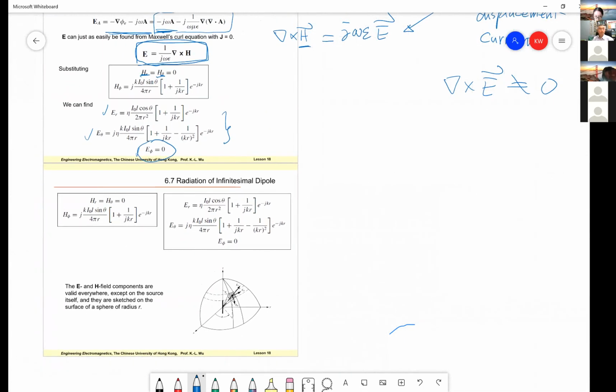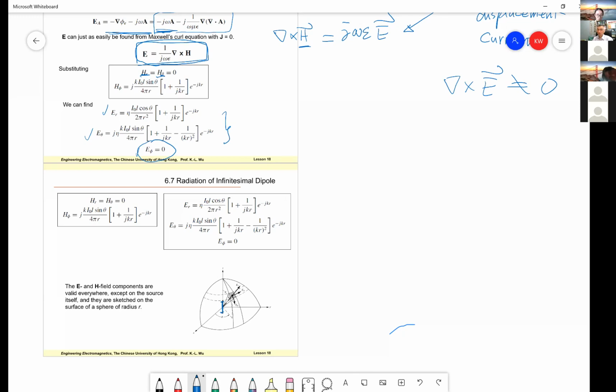Then we solved a very basic antenna problem. How basic is it? We have a very, very small current dipole, at any point in three-dimensional space.